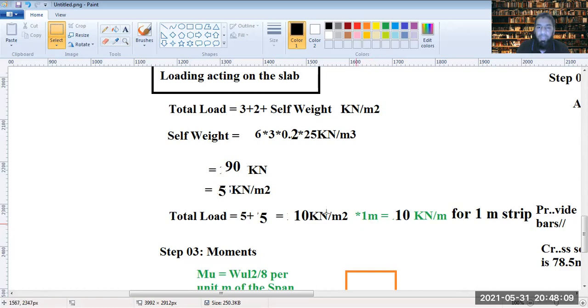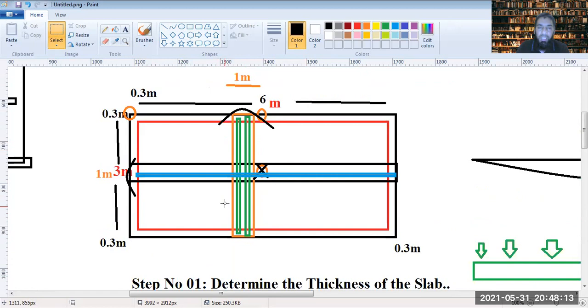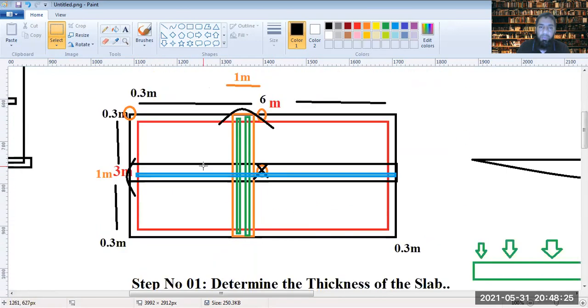This is an area load, and we want to calculate it over a unit strip. Why do we calculate it over a unit strip? Because this is a one-way slab, 6 meter by 3 meter, and the ratio between the two is 6 by 3, which is 2. So we can treat it as a one-way beam, and calculate the maximum moments for the one-way beam condition.